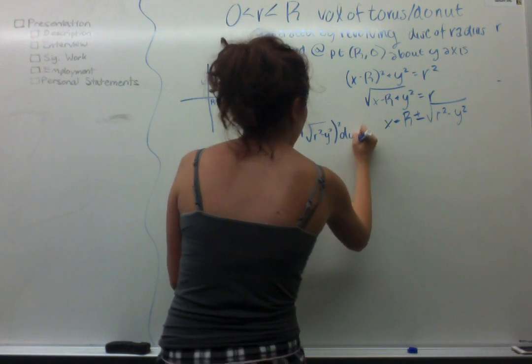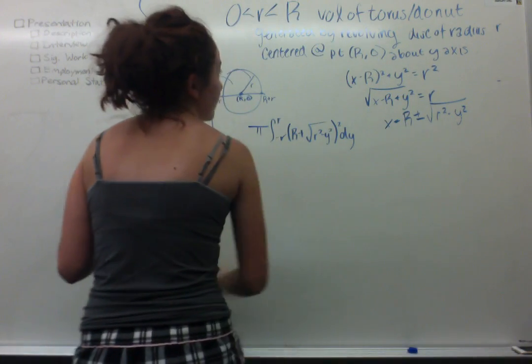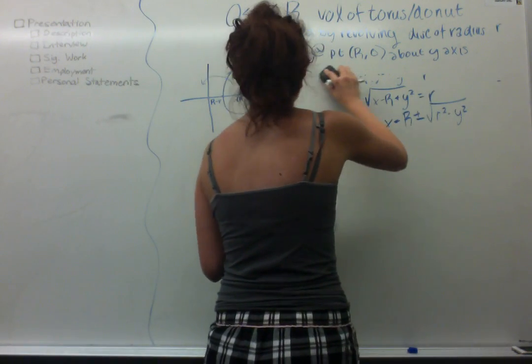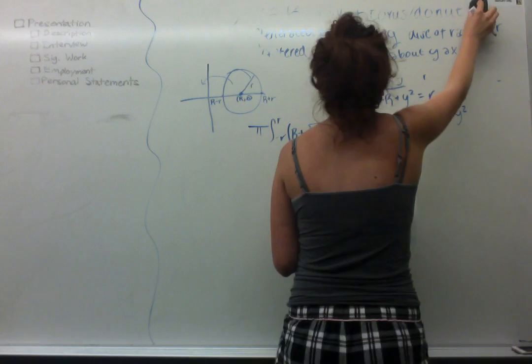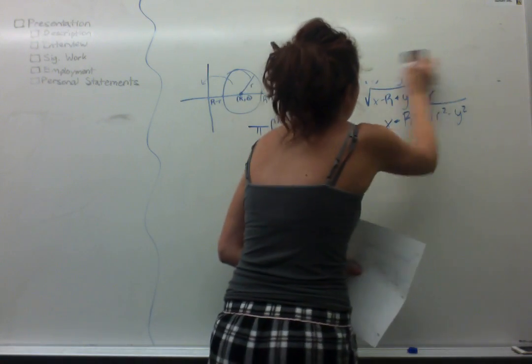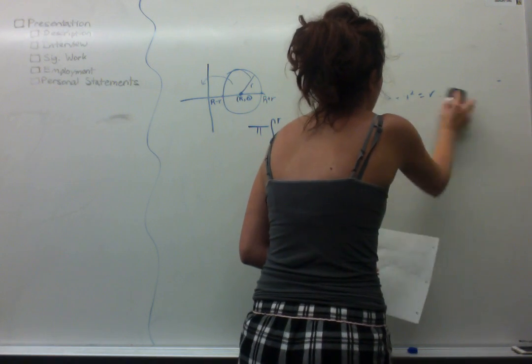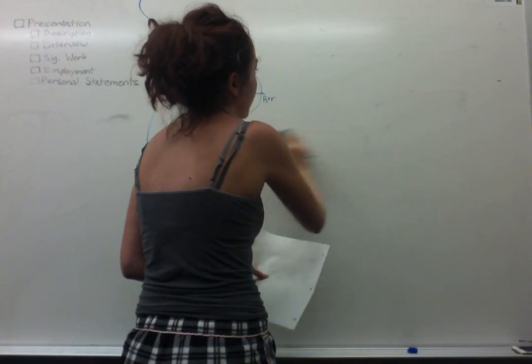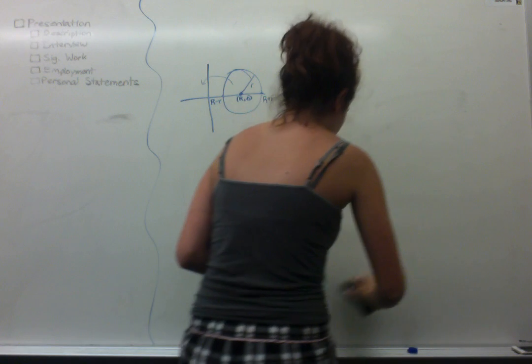dy. And I'm just going to erase this for room's sake. And we're going to go ahead and do this at the top just so we have room for everything.